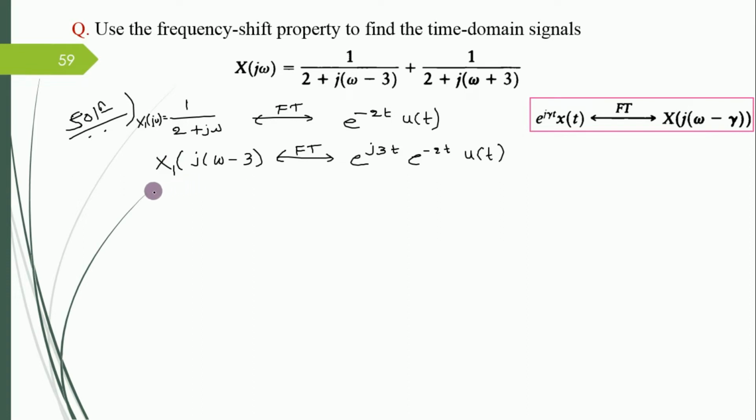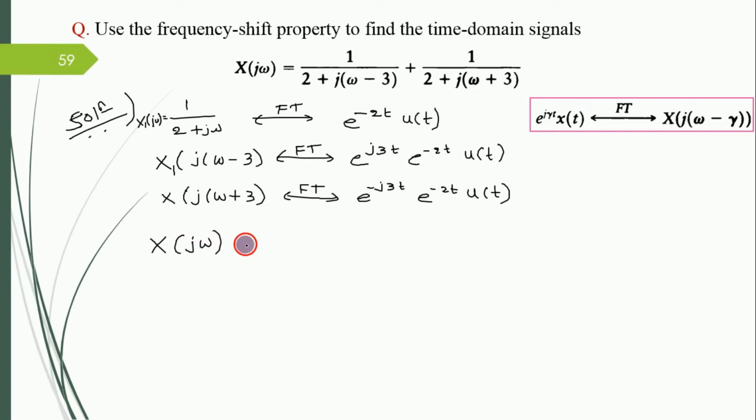So now, similarly, if I take x1 of j omega plus 3, here it is minus 3, so e raised to minus j 3t, rest as it is, e raised to minus 2t u of t. Now these two things are added. If I add it, it becomes capital X of j omega.